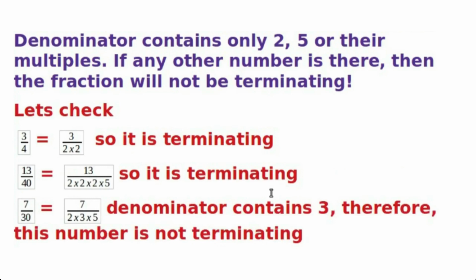Here the prime factors are only 2 and 5. So this is also terminating. But the third number, 7 by 30, is equal to 7 by 2 times 3 times 5. Here in this denominator, there is a factor other than 2 and 5: 3 is there. So this fraction is not terminating.